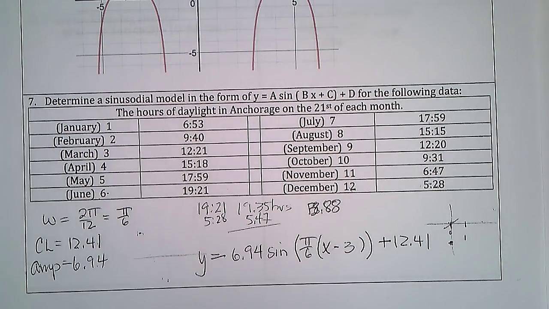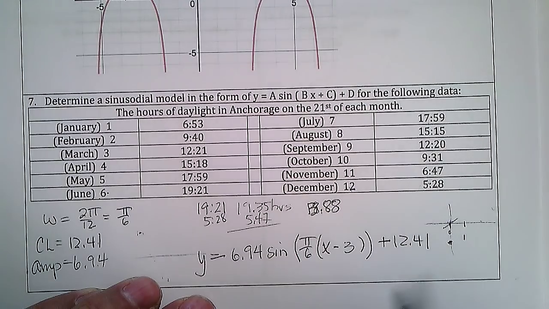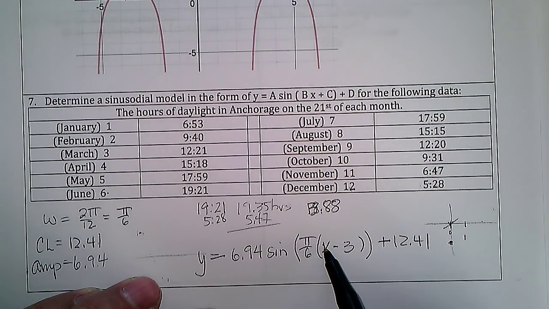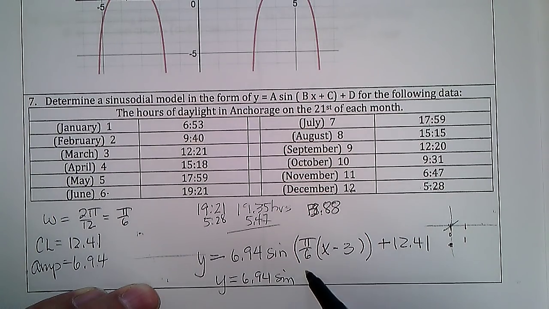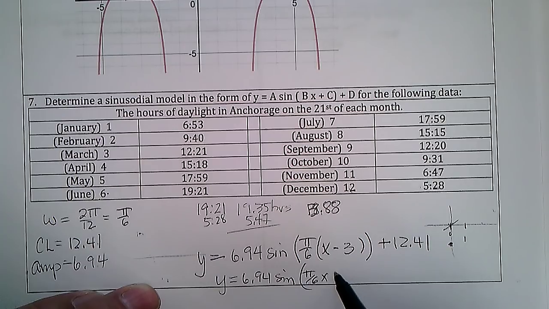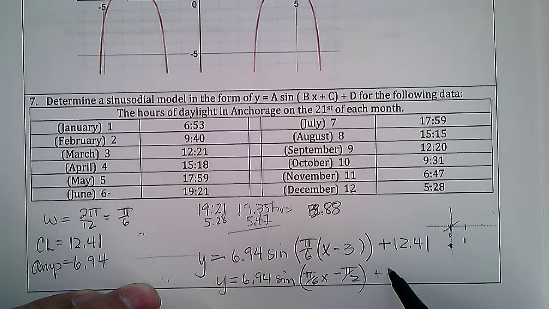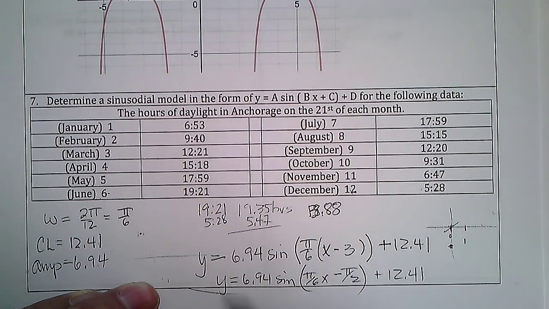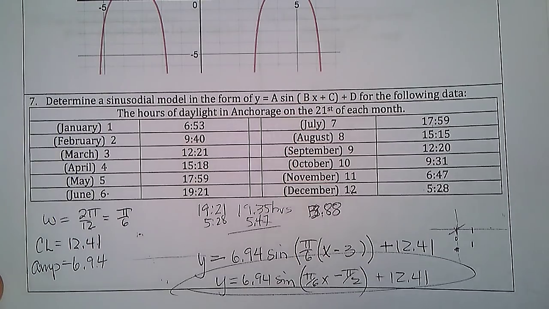So I'm putting it 3, and then to get it to match this form where there's no parentheses, I'd have to take the pi over 6 times this, so it'd be pi over 6x, and pi over 6 times 3 is 3 pi over 6, or pi over 2. Close enough, and if you do it on the calculator, you should get close to that same answer.